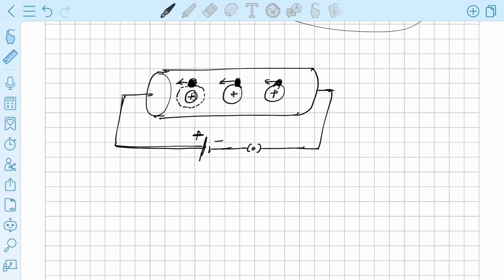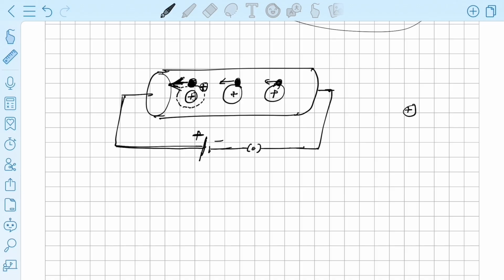Now when this electron moves away in this direction, this atom will be positively charged. As the electron is removed, there will be a void, which we call a hole.